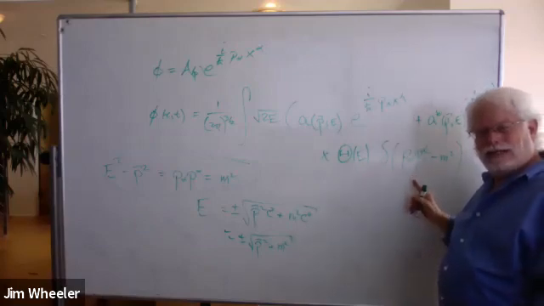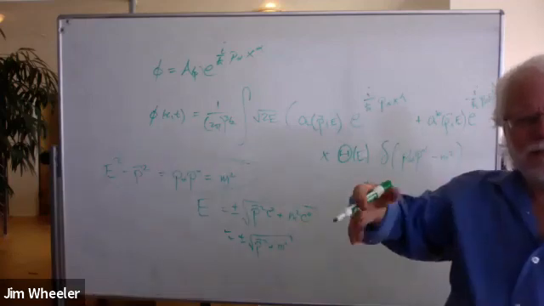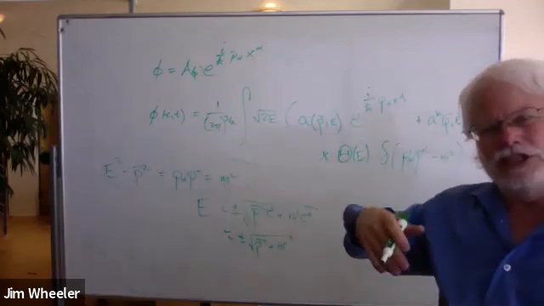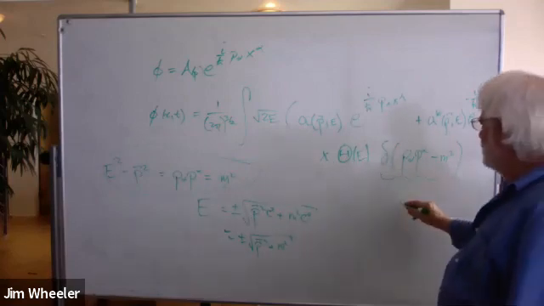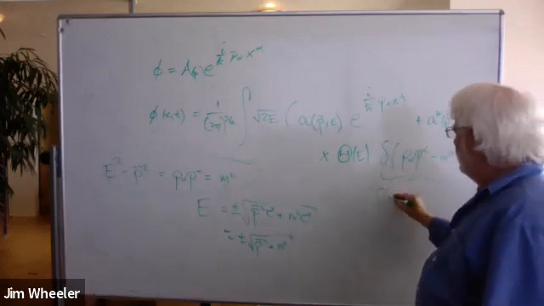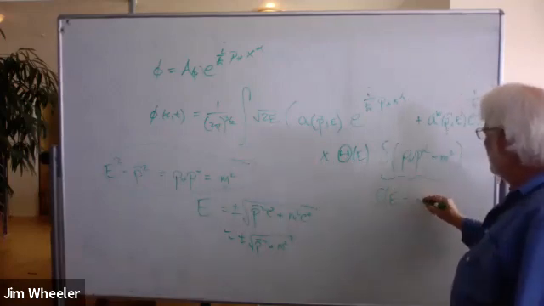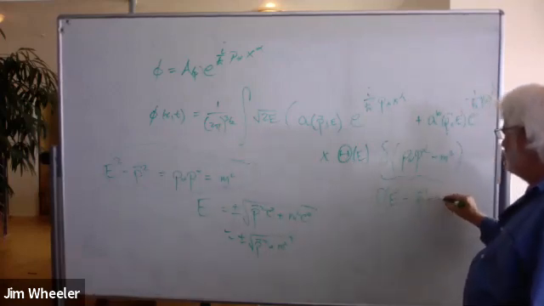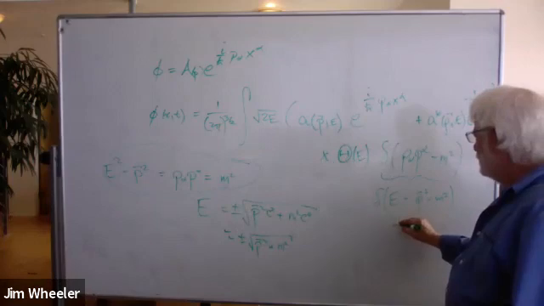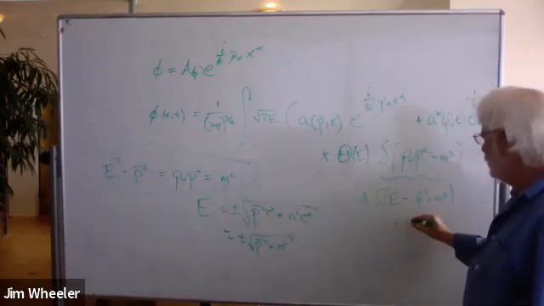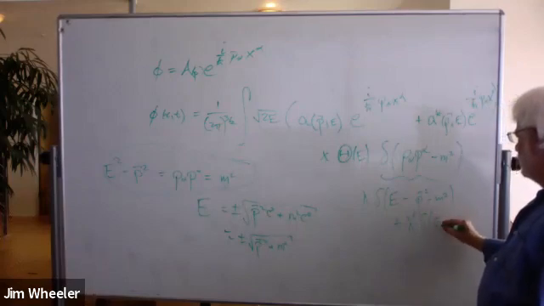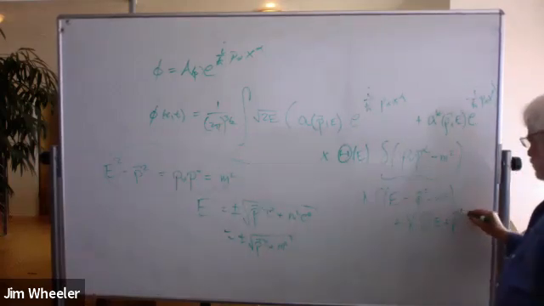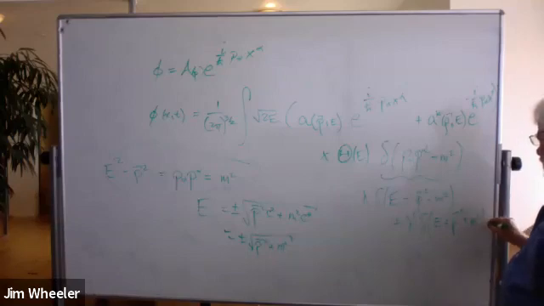You can always write something like this as a sum of delta functions, one at each root of the thing inside. So I can write this as delta of E minus the square root of p² plus m², plus some coefficient delta of E plus the square root of p² plus m².